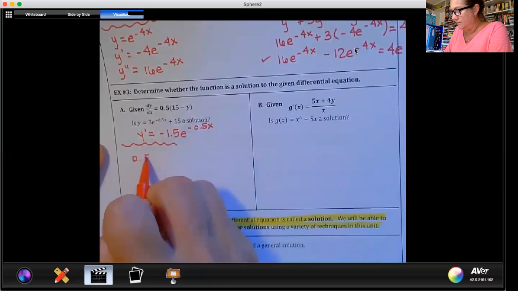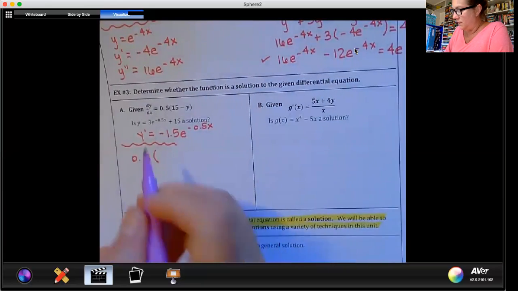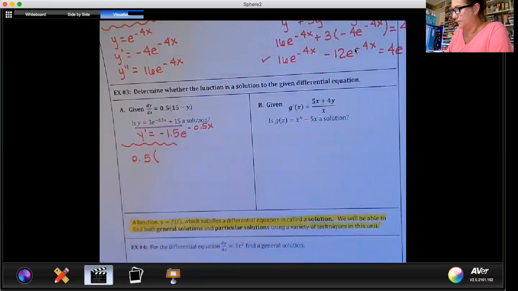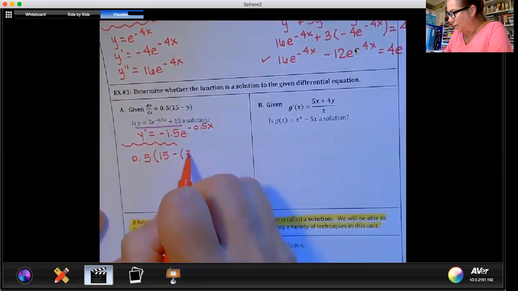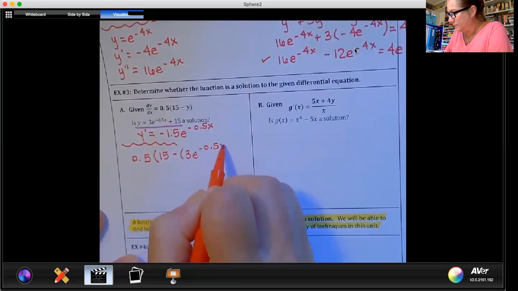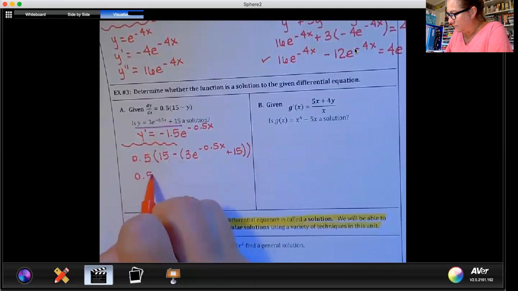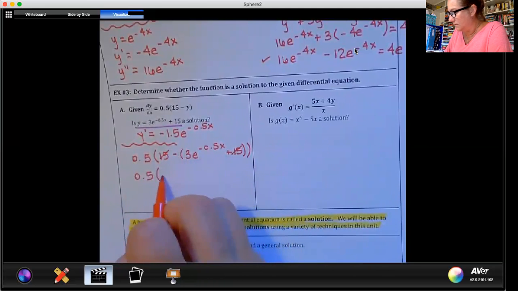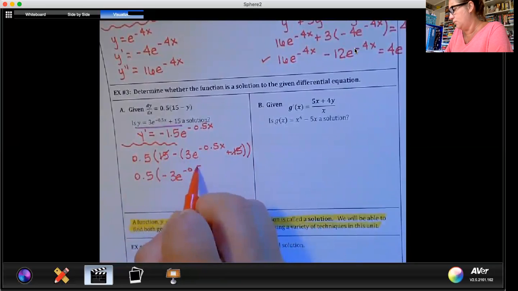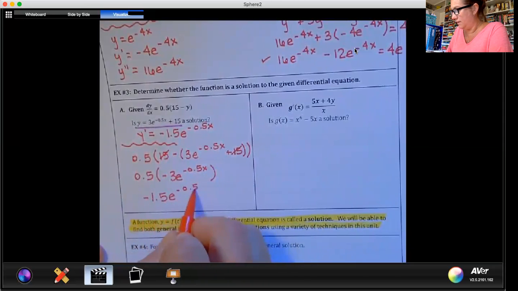We've got 0.5 times 15 minus, there's your y. So 15 minus y. So that's 0.5 times, all right, 15 minus 15, can cancel those out. So negative 3e to the negative 0.5x. So multiply those out and you get negative 1.5e to the negative 0.5x.